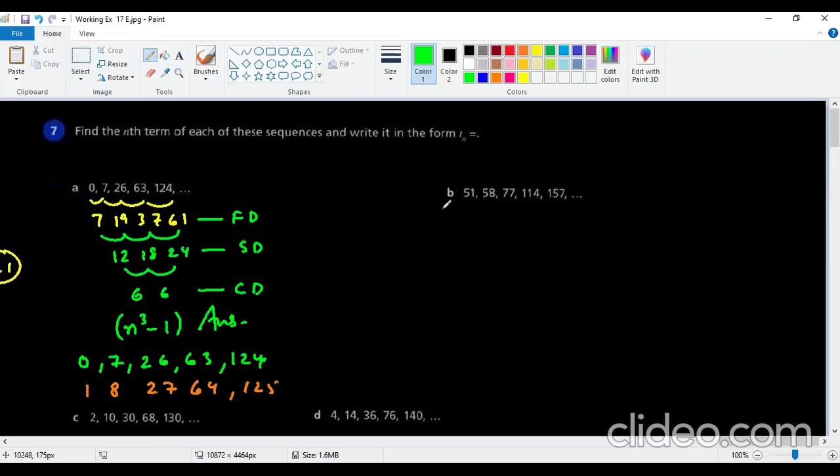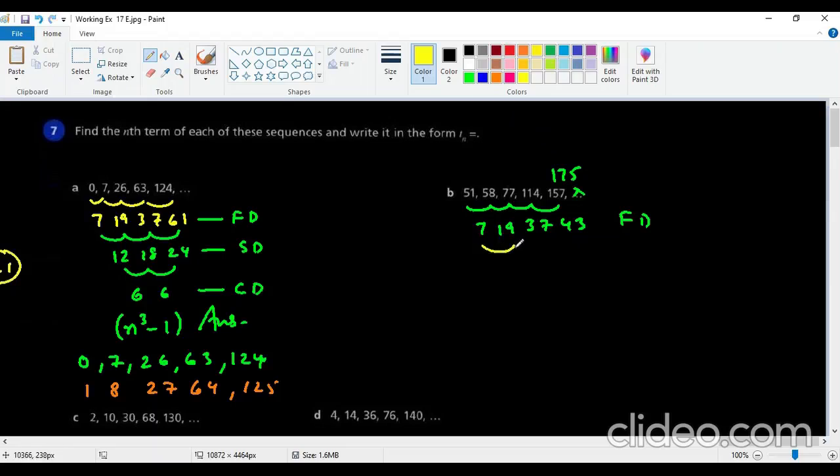Now in question B, you can see the sequence is first 7, then comes 19, then next is 37, and next is 175. By the way, this number is 175, not 157 as in the book. Okay, so this is called the first difference. Then comes a second difference, which is going to be from here. I should change the pen now.